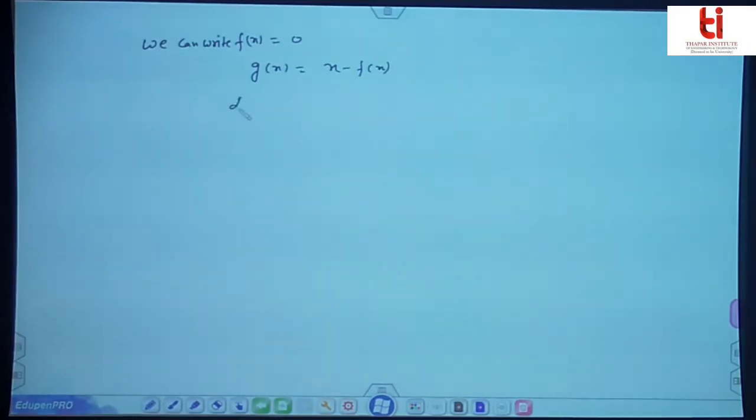So let alpha be the root of f(x). So f(alpha) = 0.